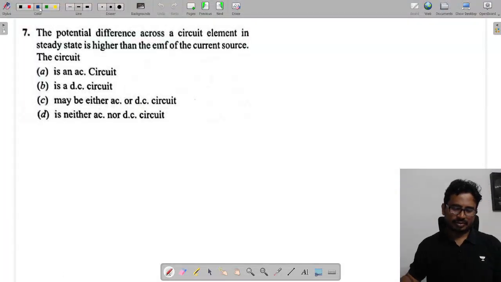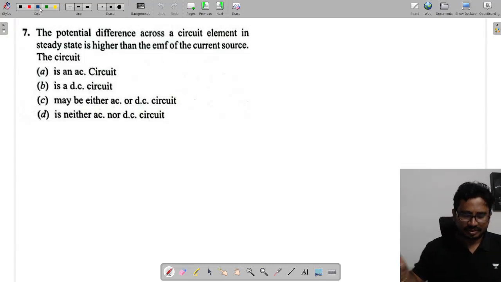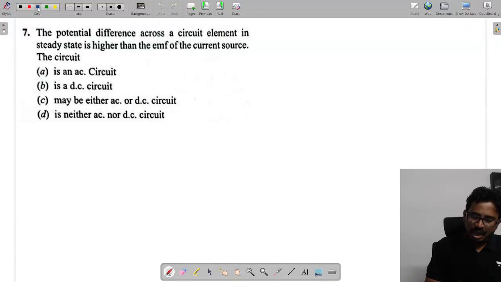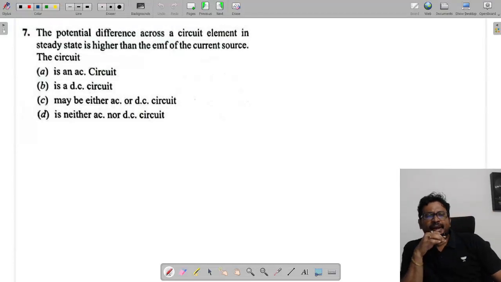Next one. The potential difference across a circuit element in steady state is higher than the EMF of the current source. In case of DC, the maximum potential is only the supply voltage.